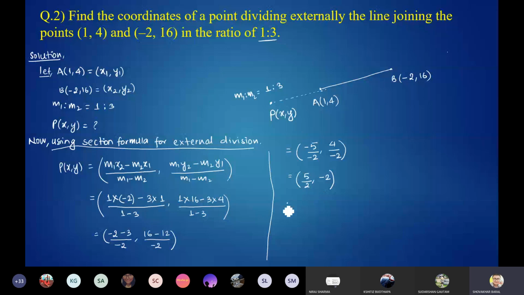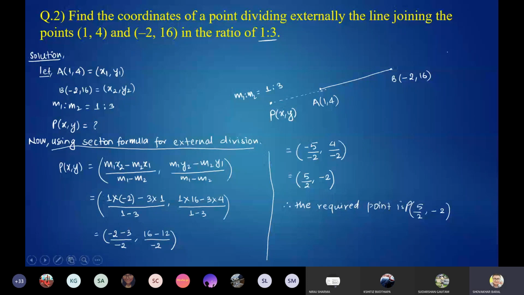Therefore the required point is, or you can write in detail, therefore the point which divides the line segment externally, you can write it that way also. Let me write it in shortcut. Therefore the required point is P(5/2, −2).